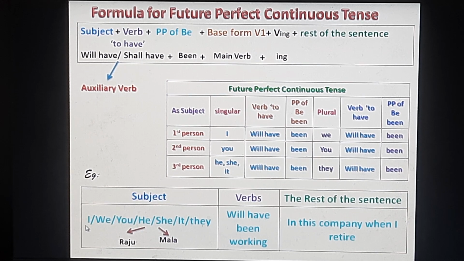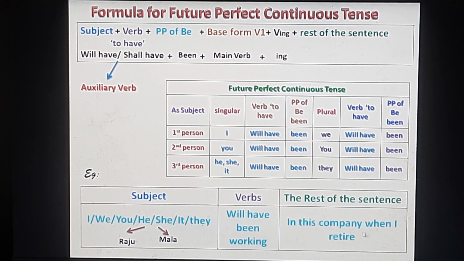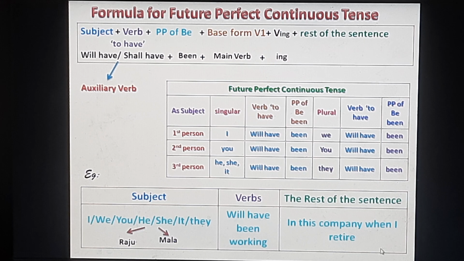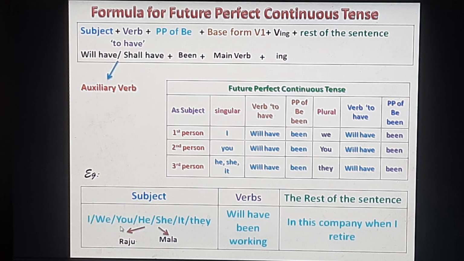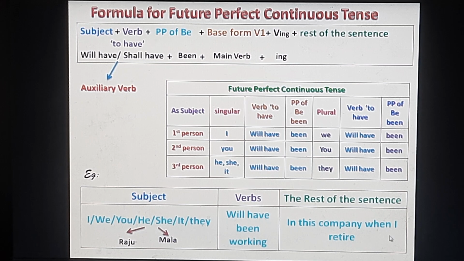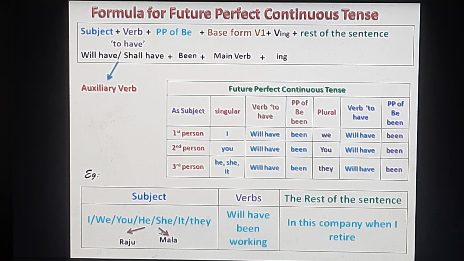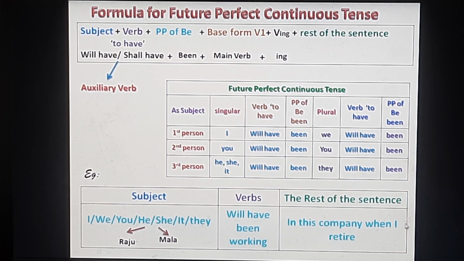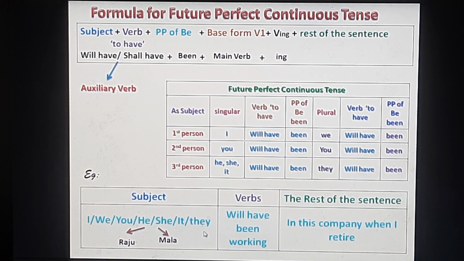When your subject is first person singular, it is I will have been working in this company when I retire. Now if it is first person plural, we will have been working in this company when I retire. You, second person singular plural, will have been working in this company when I retire. He, she, it, third person singular, will have been working in this company when I retire.